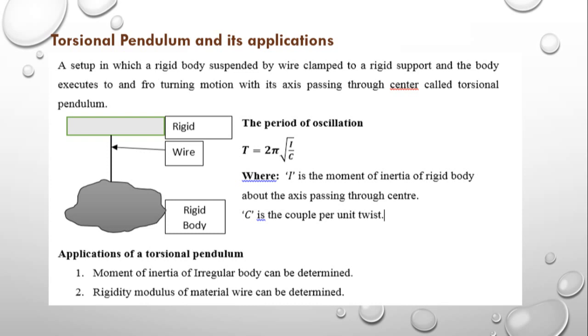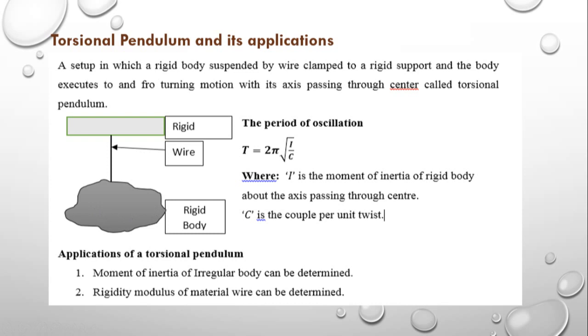This type of arrangement is known as a torsional pendulum, whose period of oscillation is T. T is the period of oscillation, that is 2 pi under root I by C, where I is the moment of inertia of the rigid body, and C is the couple per unit twist for the oscillation.